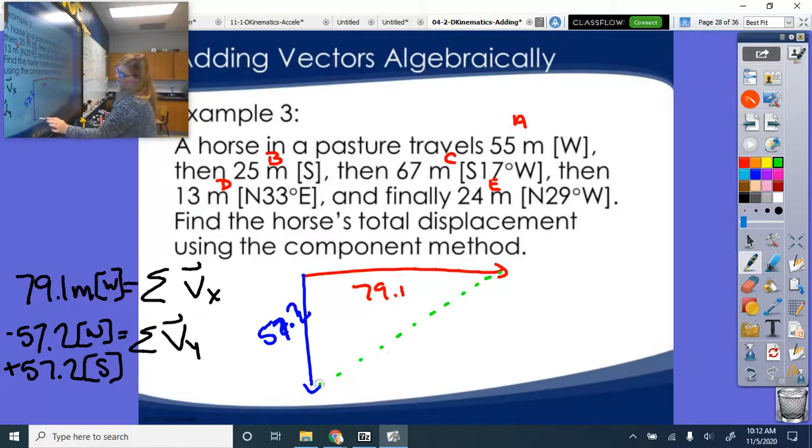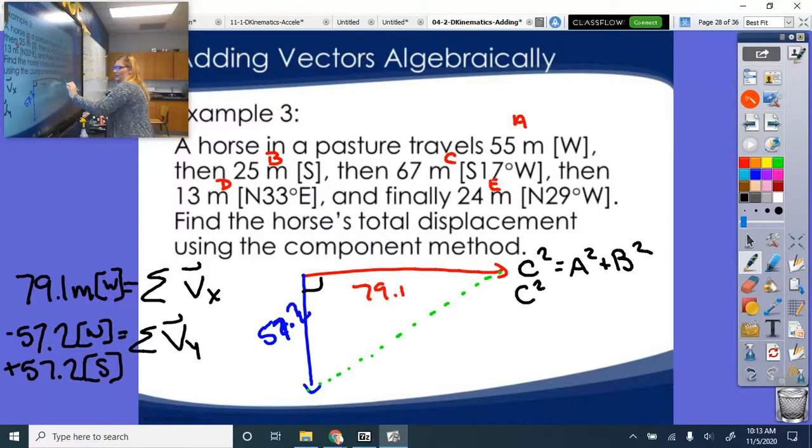I'm trying to figure out now what the magnitude and direction of this resultant are. Yay! I know that this is 90 degrees, so I can use my Pythagorean theorem to solve for my final side.